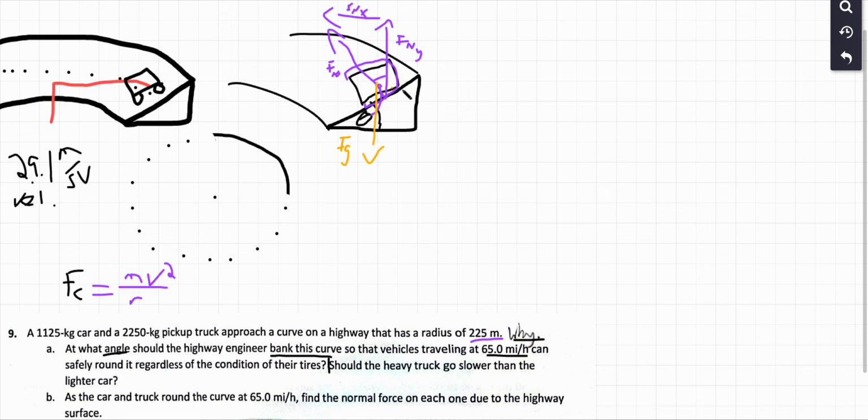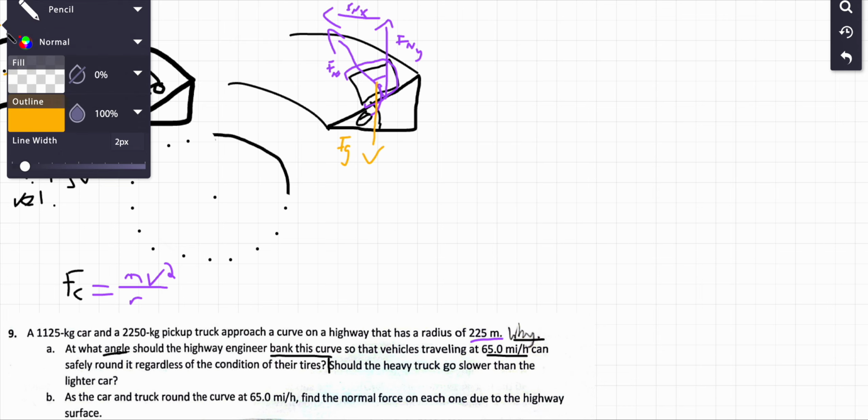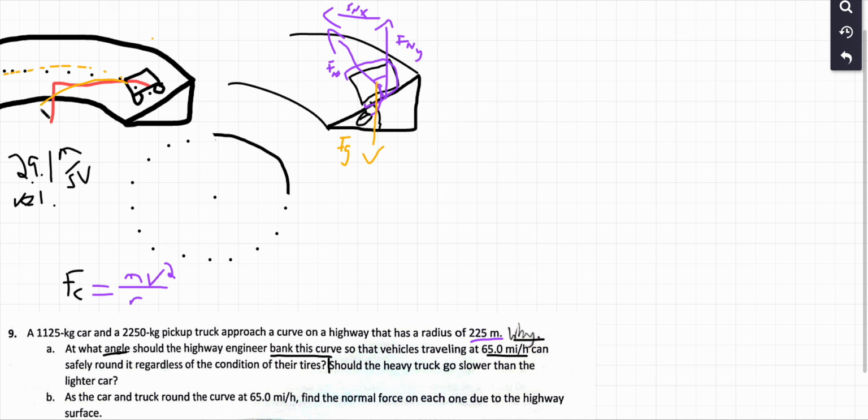Now, if we want this car to stay in the center and not absolutely crash, like going to the center or getting off the road, we need this centerpiece to stay in the center. That will be pretty important. Now, this is basically determined by your gravity and the y component of your normal force.